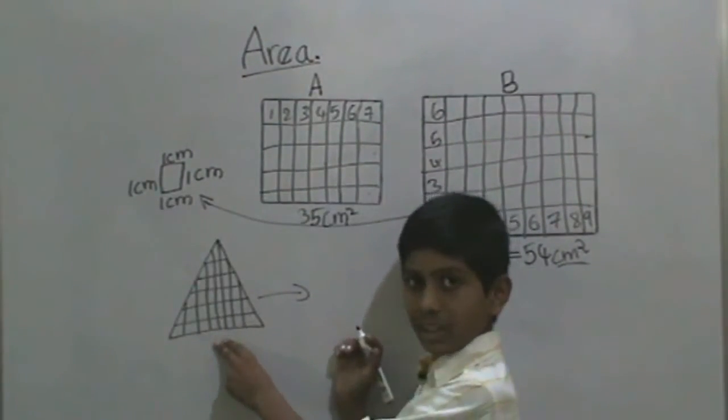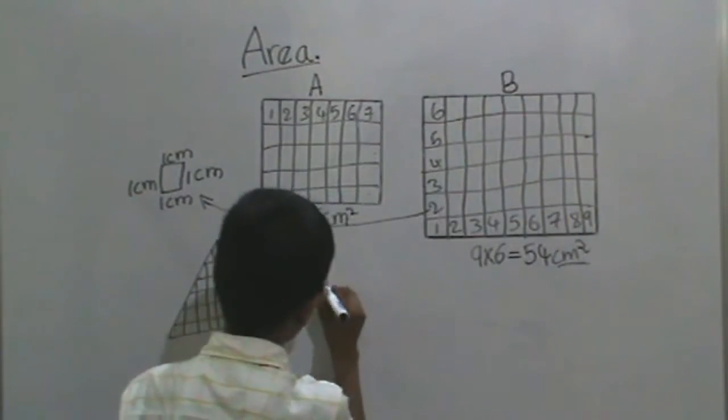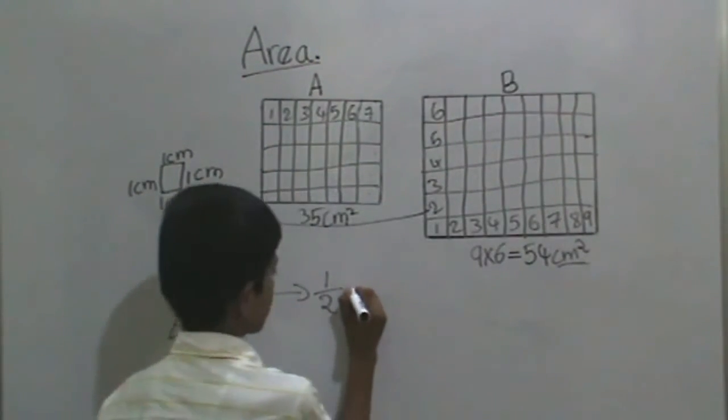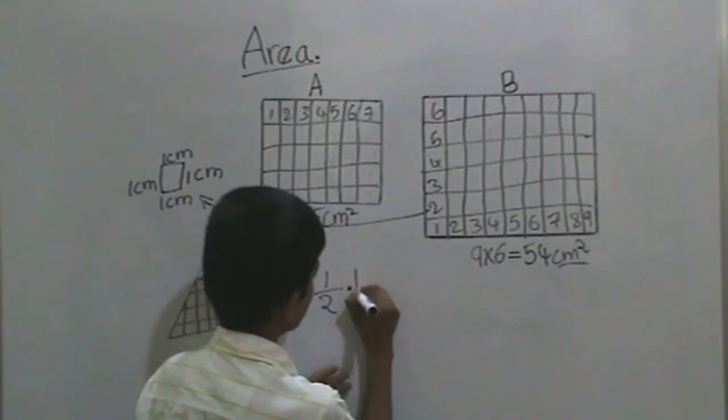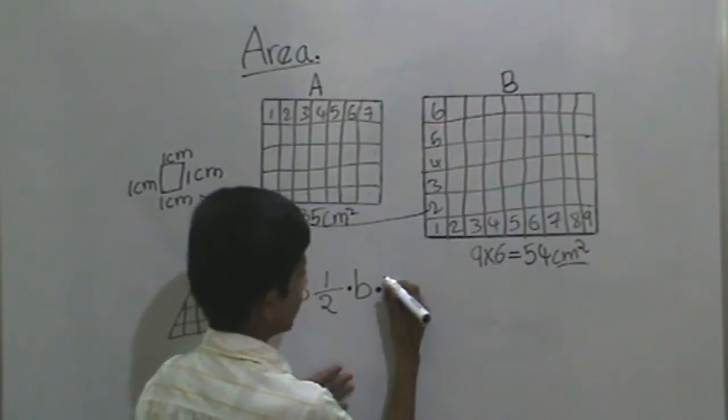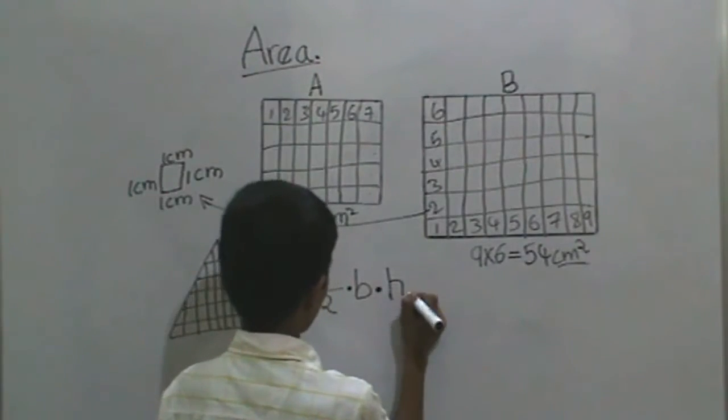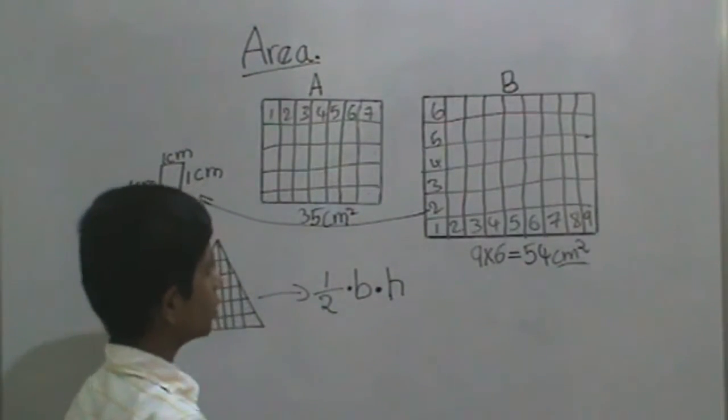For example, for a triangle, you have an area formula: 1/2 times the base times the height. Okay.